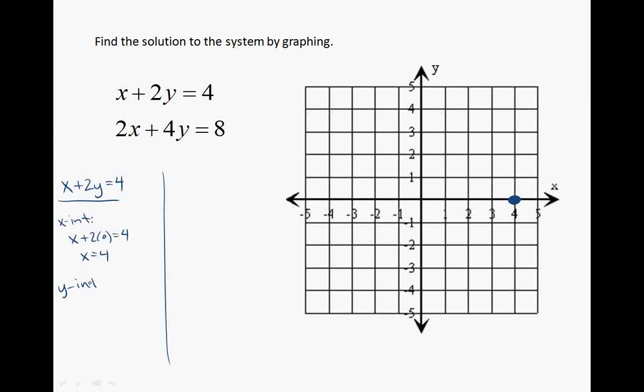For the y-intercept, that would mean I would put in 0 for x and solve for y. So in this case, the y-intercept is 2. So there's that line.